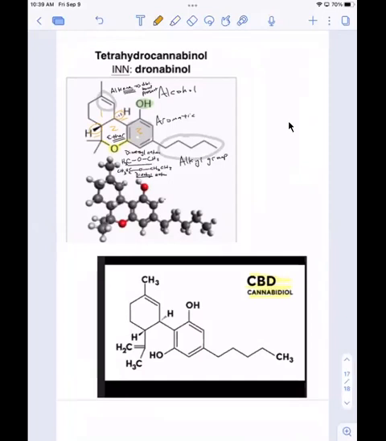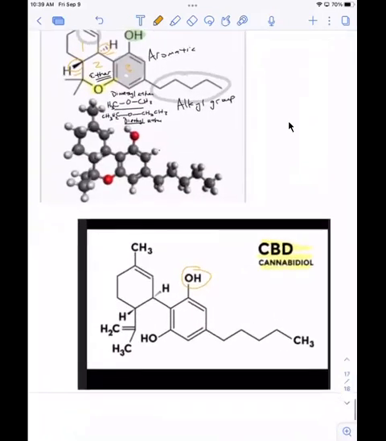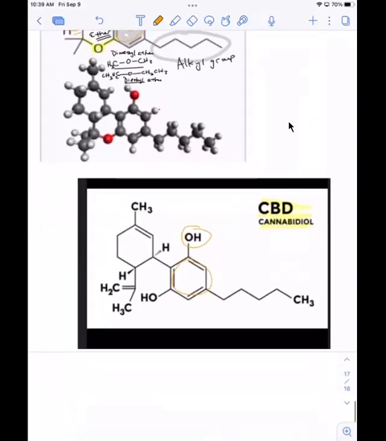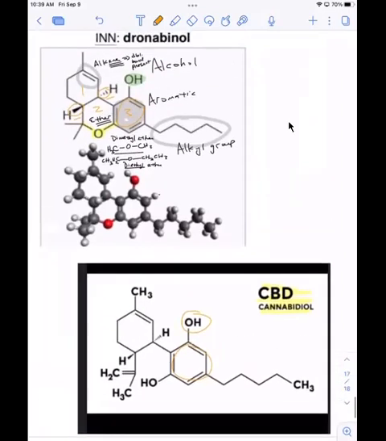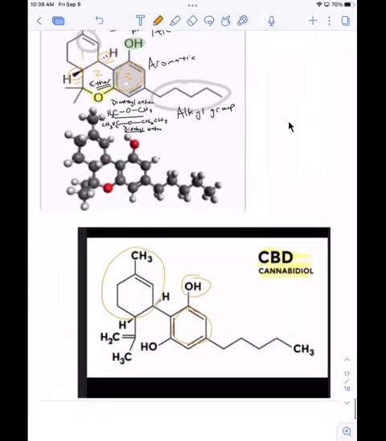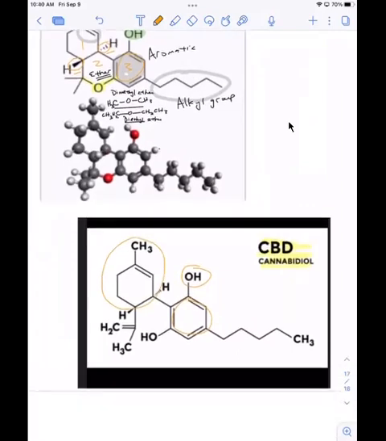The alcohol is the same. The aromatic is the same. But look at the structure now. This part of it is the same. What do you notice that's different? The ether. The extra alcohol.